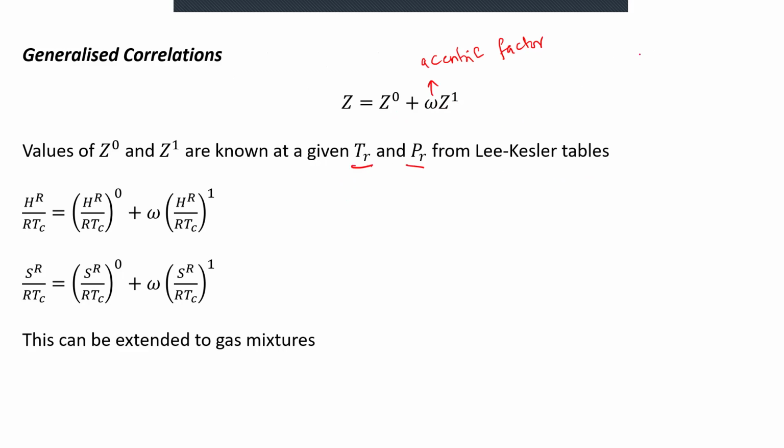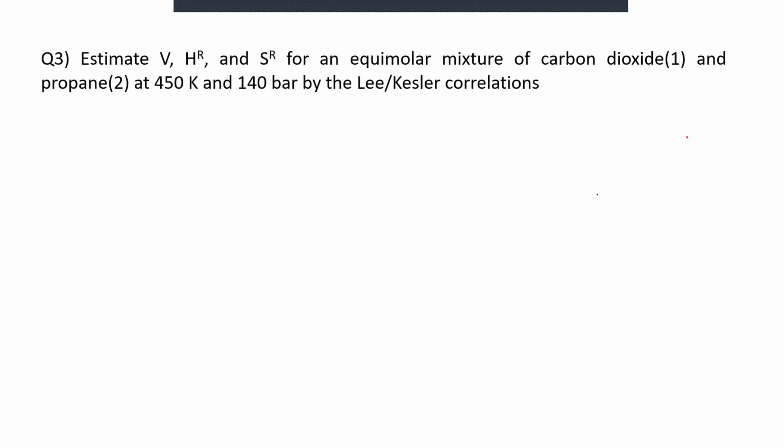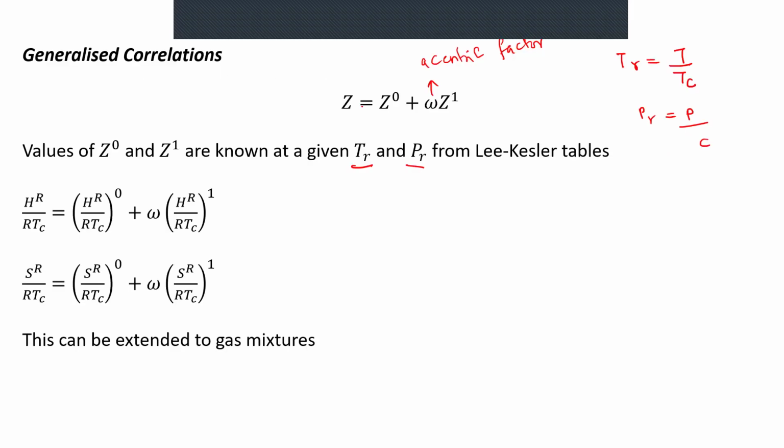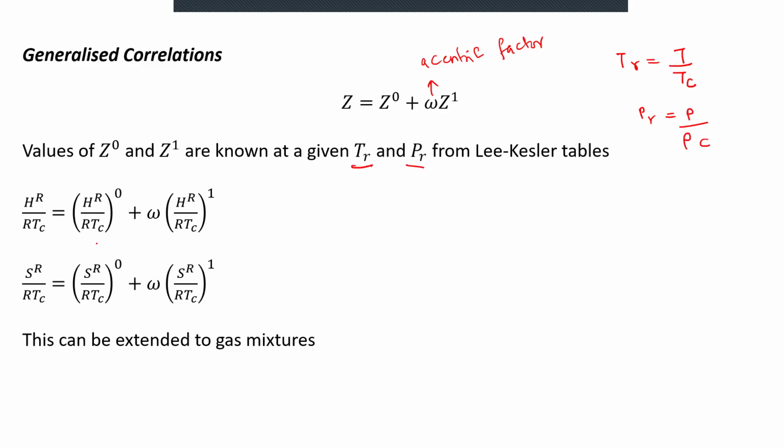TR is T by TC and PR is P by PC. Now using these things, it is explained by professor also that HR by RTC is expressed through H0 and H1, the same. Similarly for the entropy also.